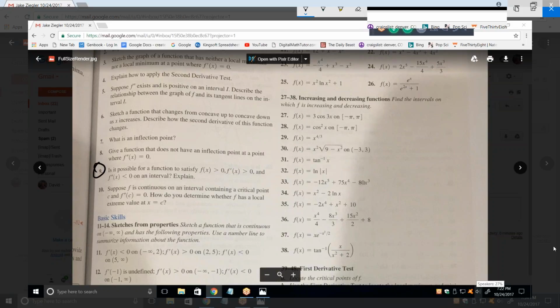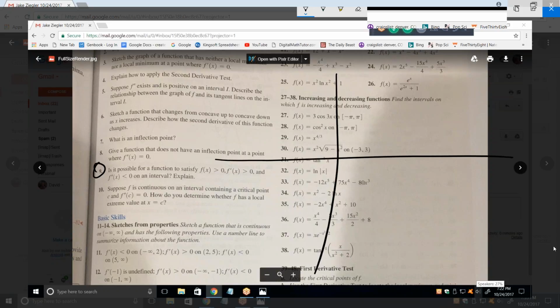Number 9. Is it possible for a function to satisfy f greater than 0, the derivative greater than 0, and the second derivative less than 0? Explain. Yeah, that's easy. The original function is greater than 0, so I merely have to be above the x-axis.